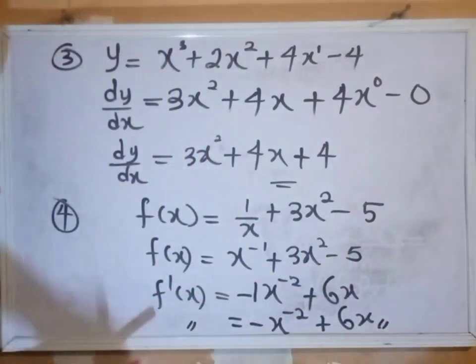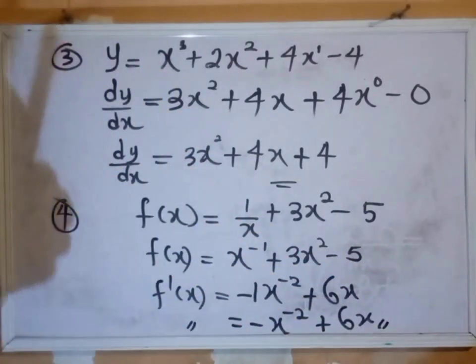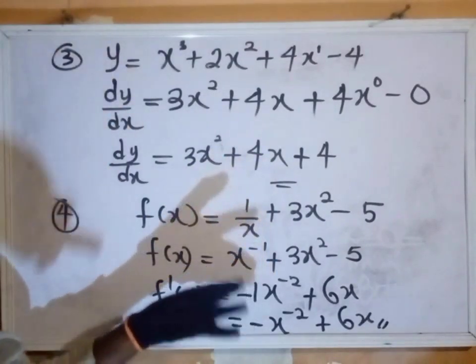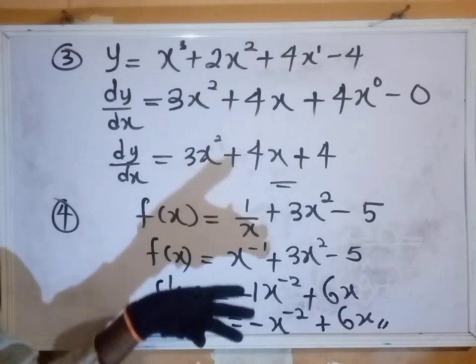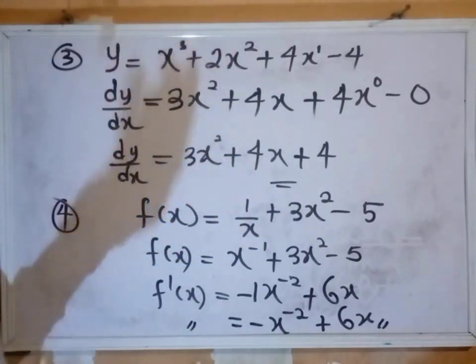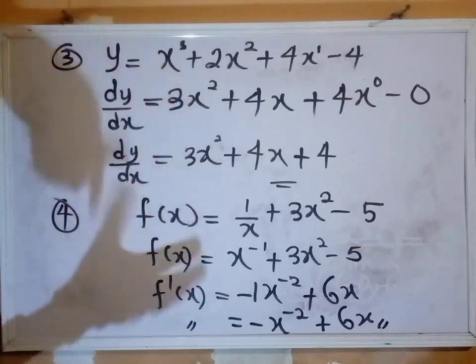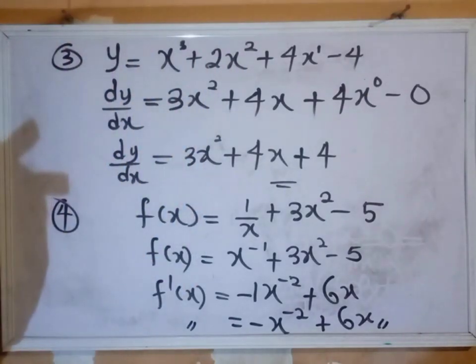This is how to differentiate if you have a quotient, I mean a function in the form of a fraction. We first transform it into the exponential form, then we differentiate.